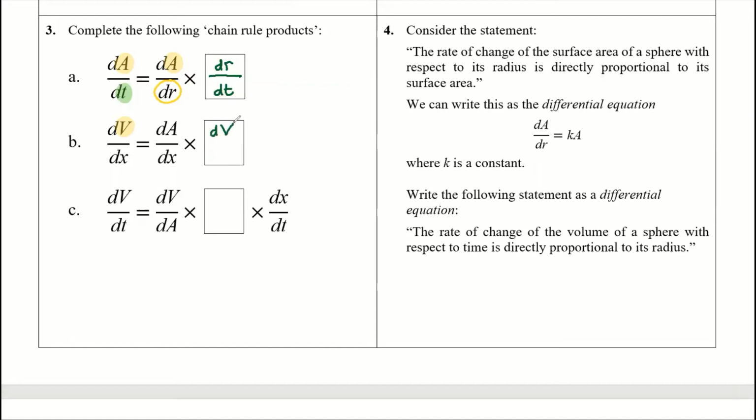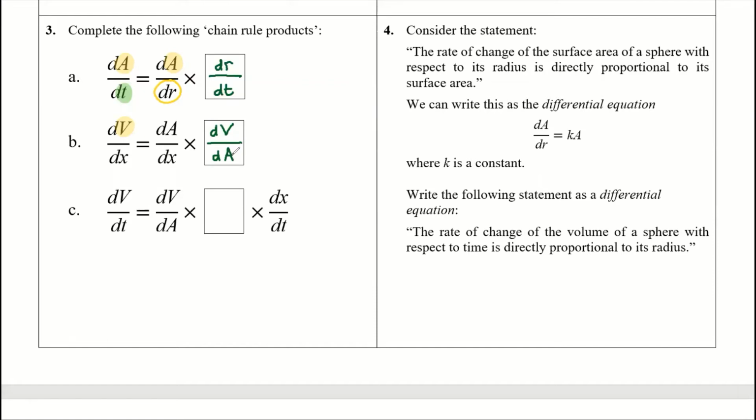Now, thinking about this, what is it I want to have on the bottom? I need to have a dx. What I don't want is the dA. I've got to cancel out the dA, so that's going to go on the bottom there. Okay, so that's how I've created the dv by dx. So I can cancel out the dAs and keep the dv and the dx.